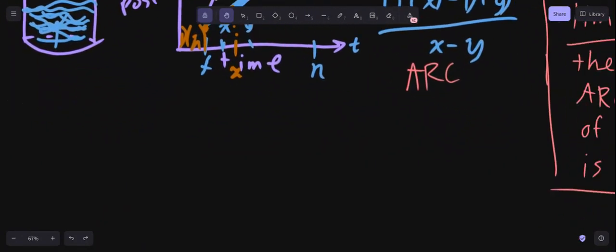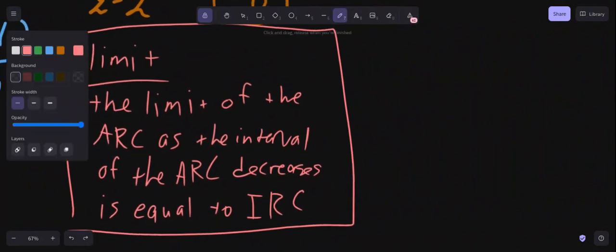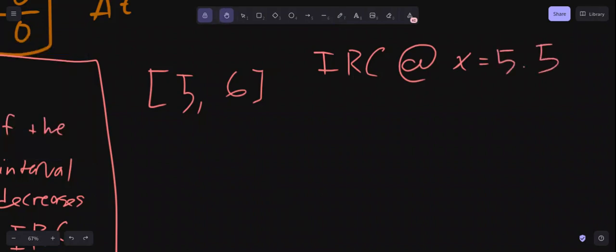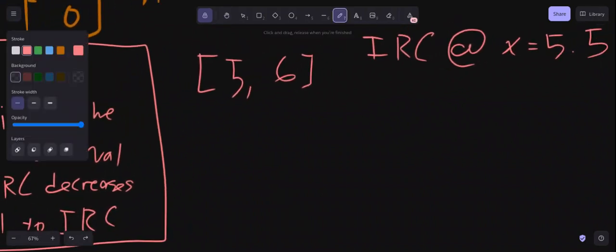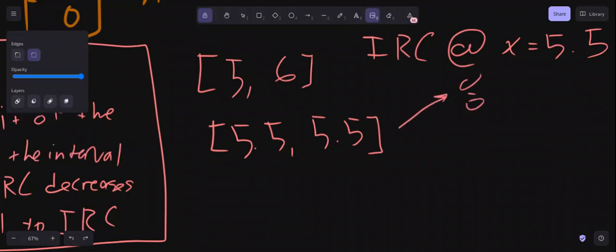So what this basically means is if I wanted to take an interval, let's say 5, 6, and I wanted to find the IRC at x is equal to 5.5. Again, I won't be able to just jump straight into 5.5 because that's going to lead me to 0 over 0 if you plug it into the formula.